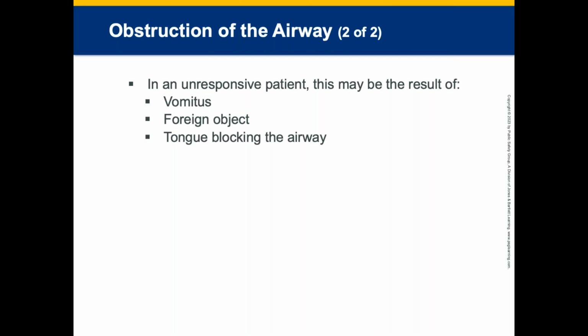So always consider upper airway obstruction from a foreign body first in patients who are eating just before they became short of breath. Also, find a way to keep their airway open, whether that be utilizing an NPA or an OPA if they don't have a gag reflex, to maintain and protect any potential airway compromise.